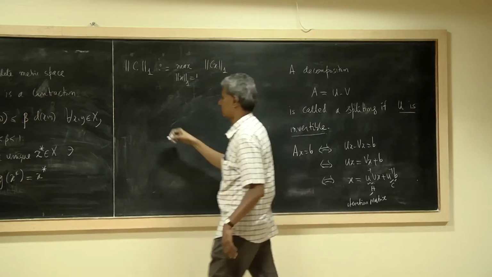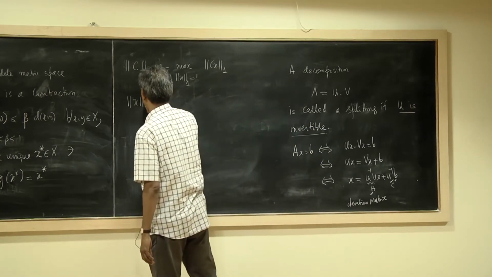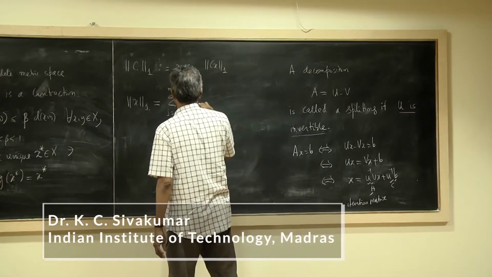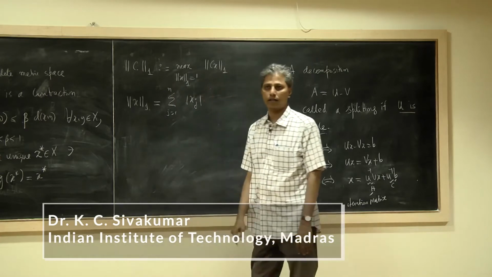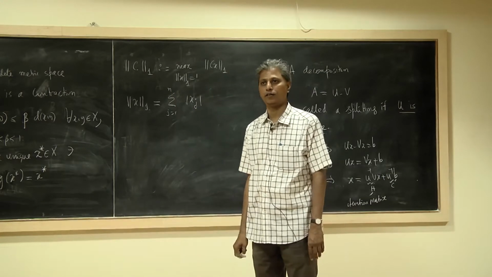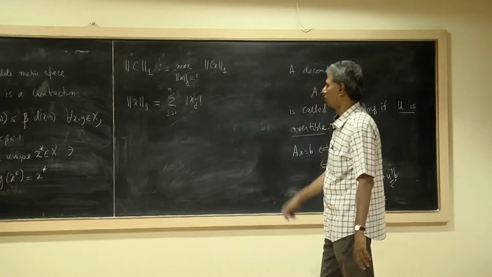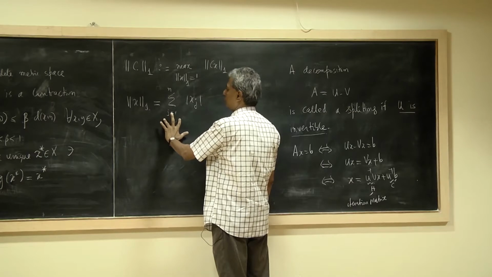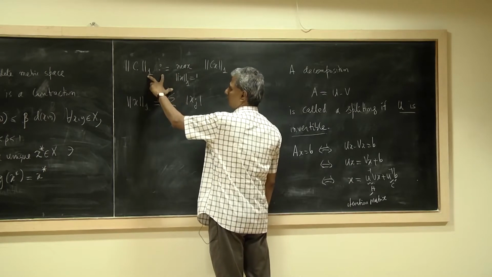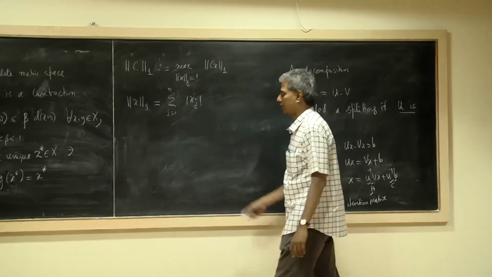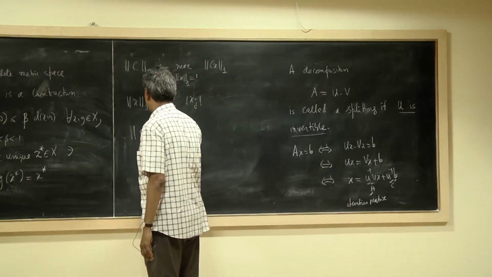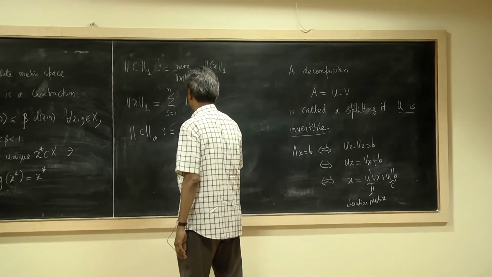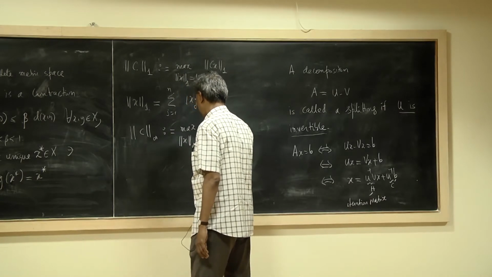And you know what the 1 norm is, right? So here recall that the 1 norm is summation j equal to 1 to n of mod x_j. All these vectors are in Rn. My matrix C is an n cross n matrix, possibly with complex entries. This 1 norm is a norm on Rn that induces a matrix norm by means of this formula. Similarly, the infinite norm is defined as the maximum of norm Cx over norm x infinity equal to 1.